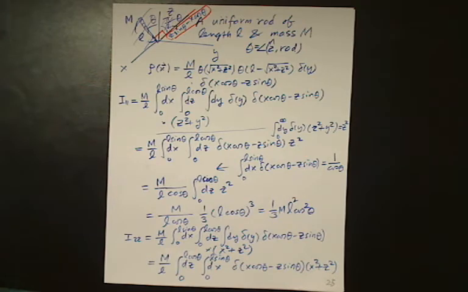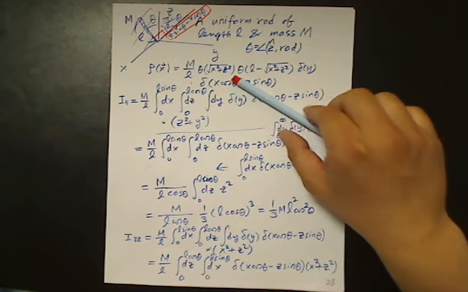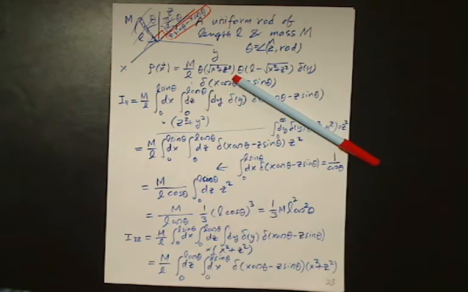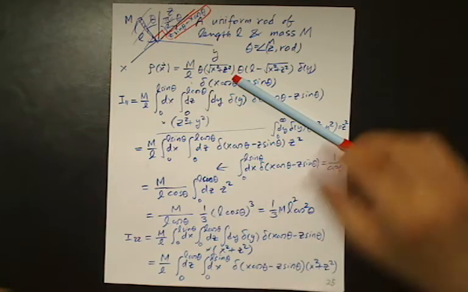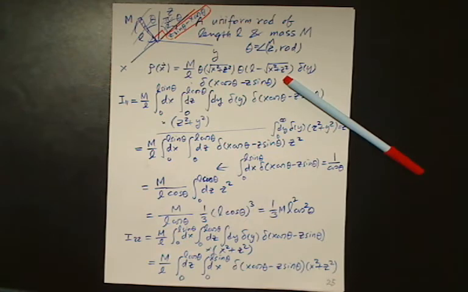All right. The first theta function restricts the region of the radius, and the second theta function says the radius is less than the original length of the rod.